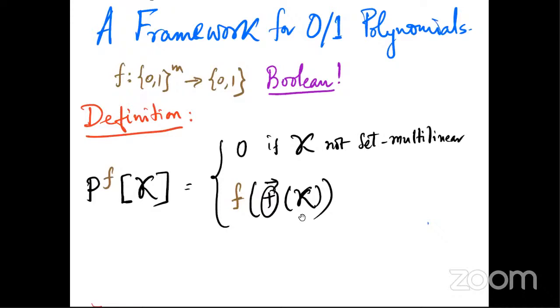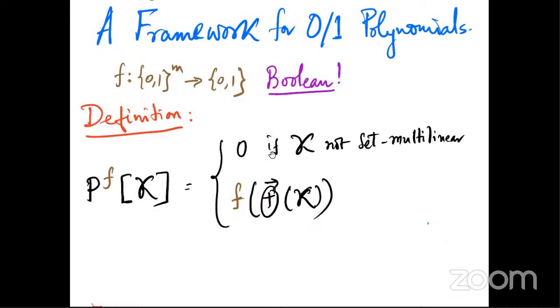But more generally, this is something I want to highlight: this is a nice way to create monotone polynomials in the arithmetic world by looking at the Boolean world. I look at a Boolean function f on m variables, and every such Boolean function will give rise to a monotone set multilinear polynomial in the following way.